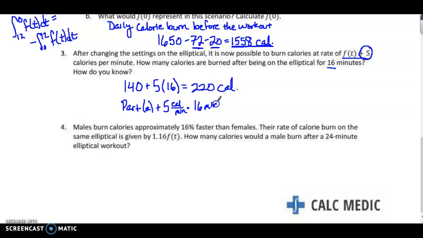And you kind of look at your unit analysis here. You eliminate the minutes, and it's the 5 calories times 16 added to the 140 calories we got earlier, and that gives you your total calories. And I'm just going to abbreviate here, burned after 16 minutes.